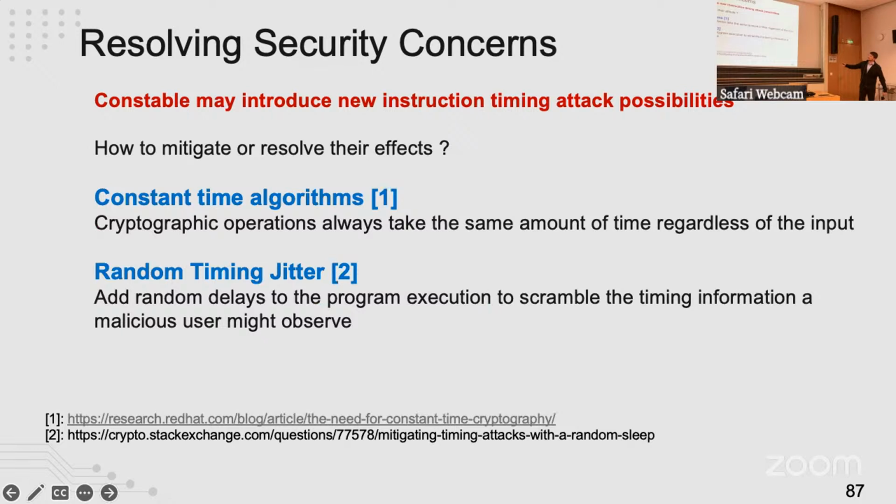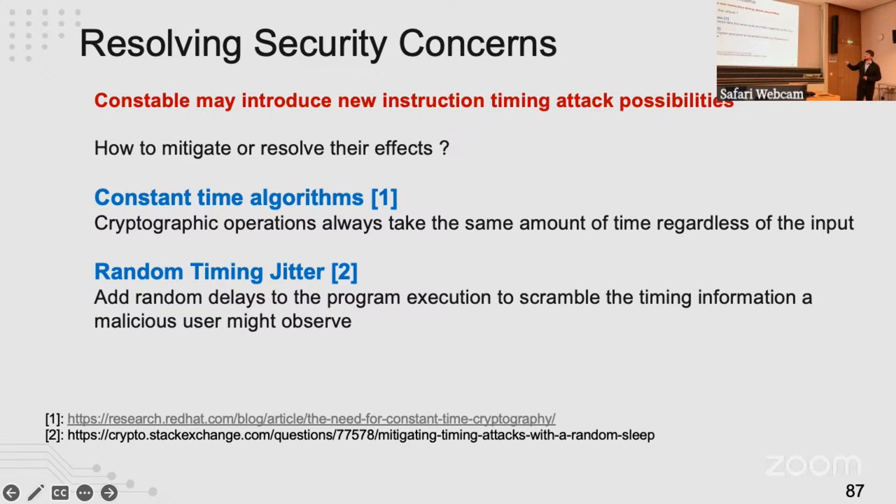That is similar to the second approach, where we inject random delays into the program execution to scrub the timing information, so the malicious user is not able to gather significant information to identify which data we are loading.